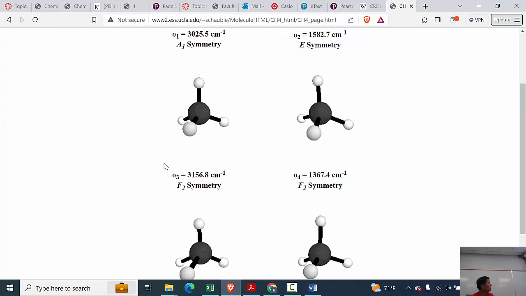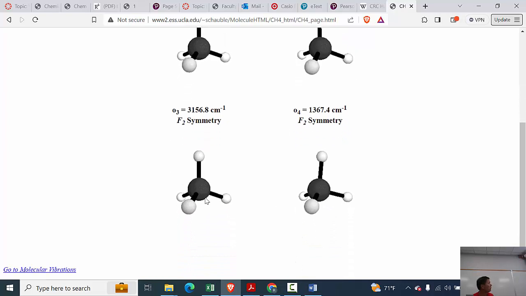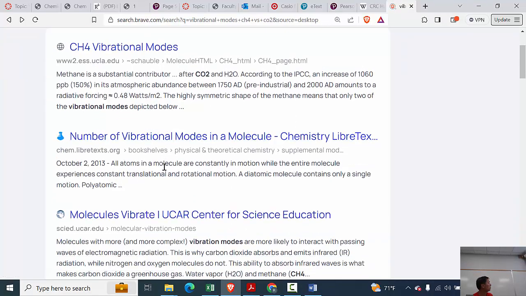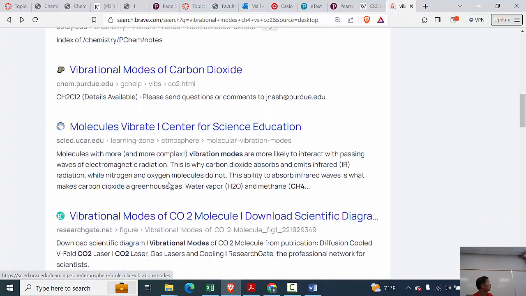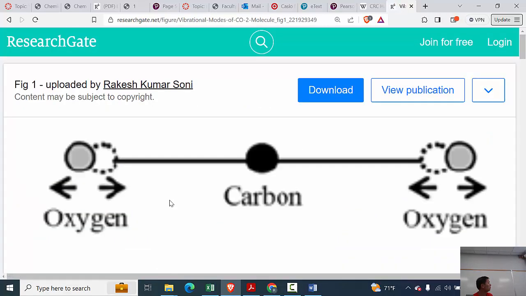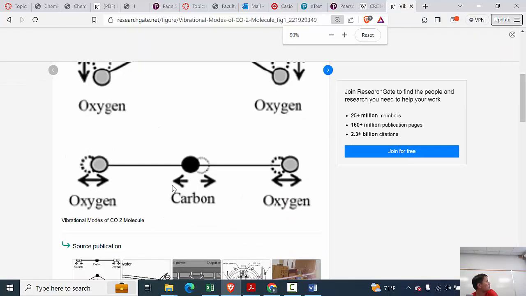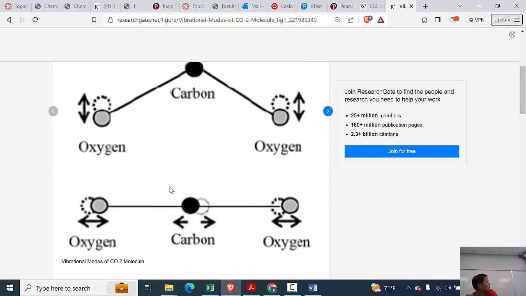The quantized vibrations here, this is what I was thinking, it would have more vibrational modes. It's going to have 1, 2, 3, 4 vibrations that are allowed by quantum mechanics. That's methane. Let's see the vibrational modes for CO2. This, unfortunately, is not animated, but it's showing by arrows. 3 vibrational modes for CO2.